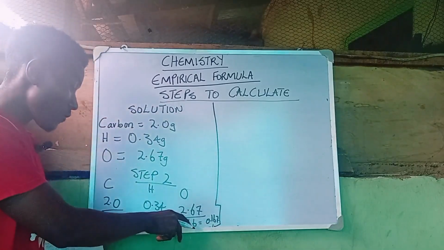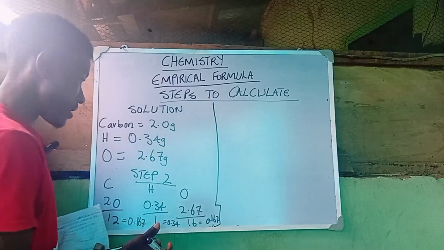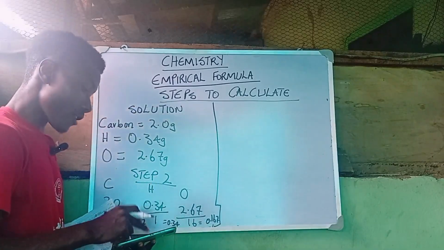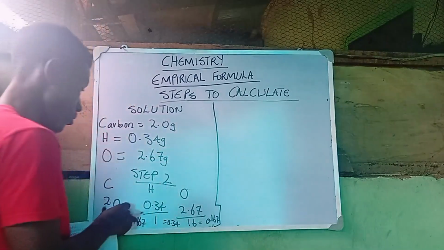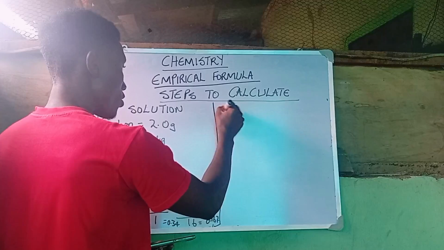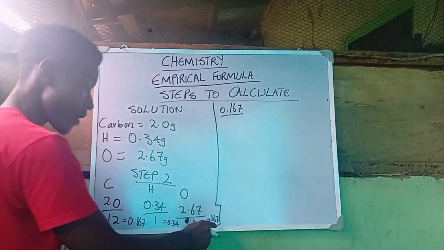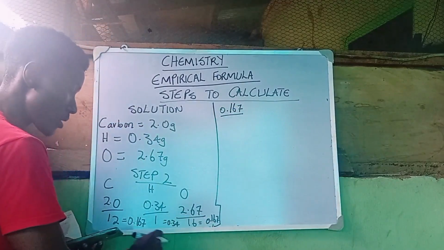We divide each of these values by the smallest value. We are going to start with the first one here: 0.167. The smallest value here, if you check, is 0.167.